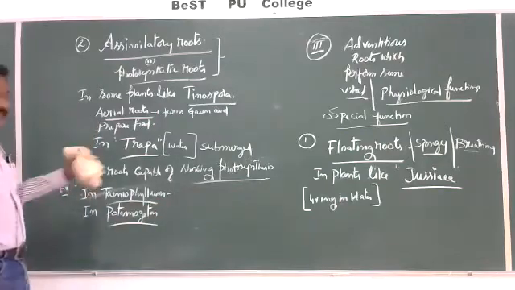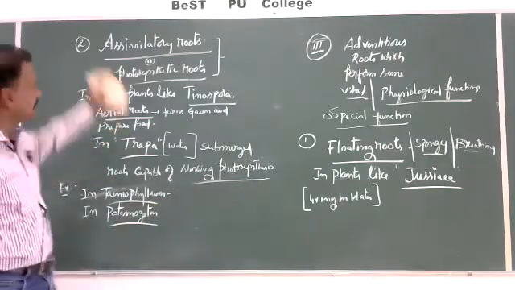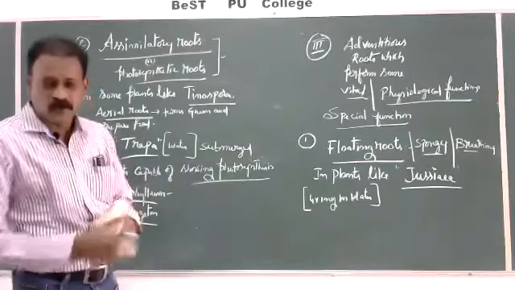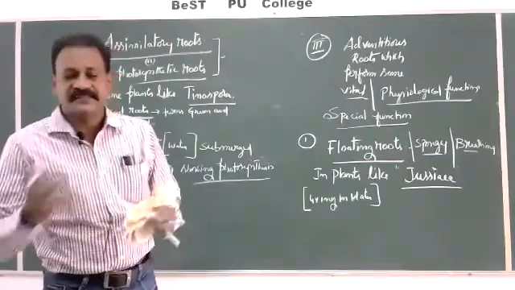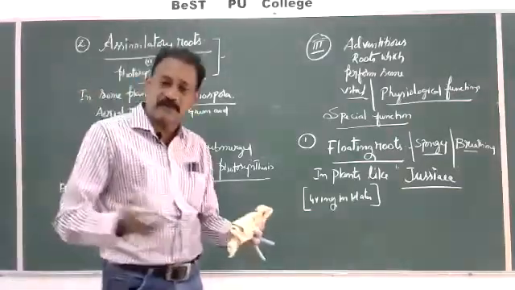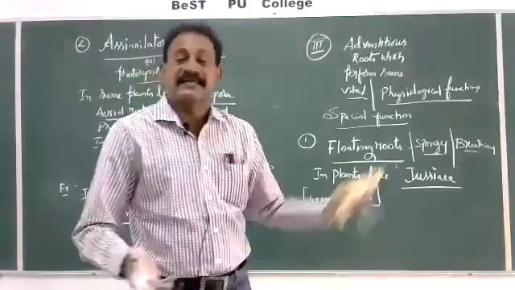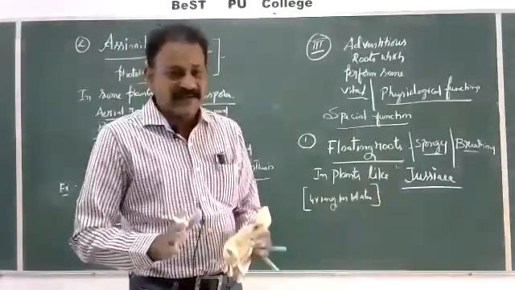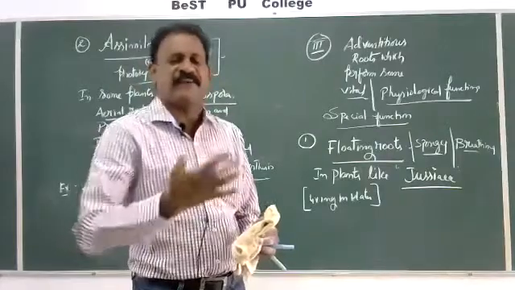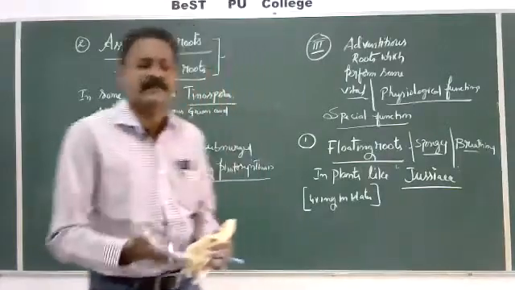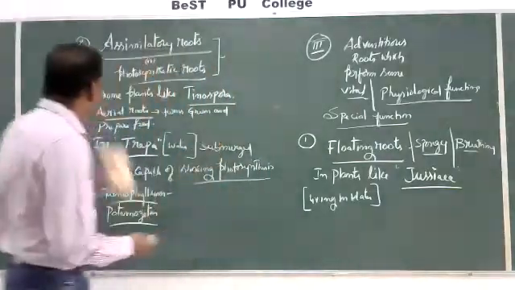So generally, what are assimilatory roots? The roots which are adventitious in nature. It means they have developed from parts other than the radicle and are able to perform different functions. Based upon their function, they have been named like that.